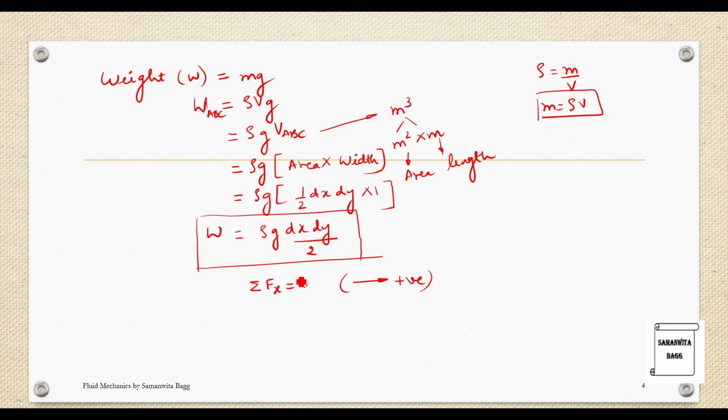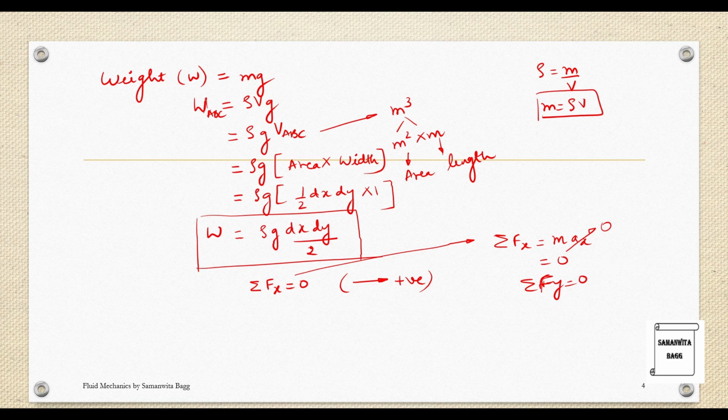I'll just give you a small view of it. Summation of force along any direction follows Newton's second law of motion, which is mass into acceleration of the body along that direction. Mass of the body does not change, it remains constant. But here the fluid is in rest condition. So there is no acceleration, hence this value is 0. The same law applies for y direction.